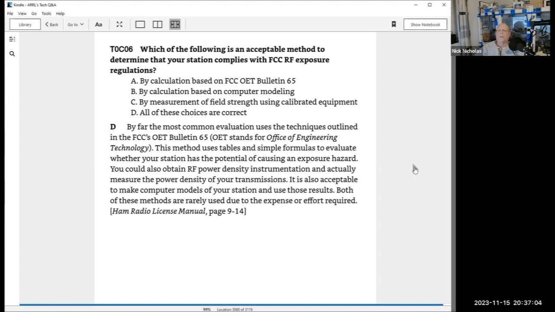You can calculate by measuring field strength with a field strength meter around the antenna. All of the above are acceptable. Most people just use the online calculation based on computer modeling.